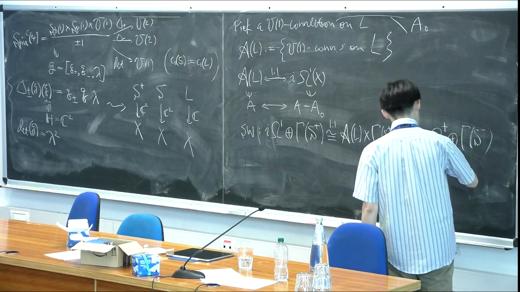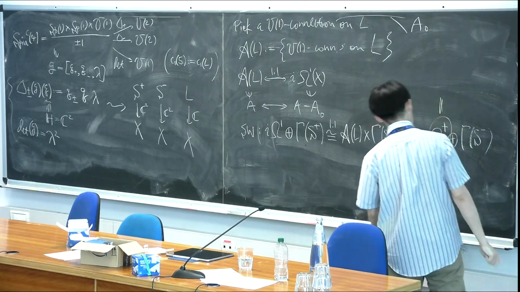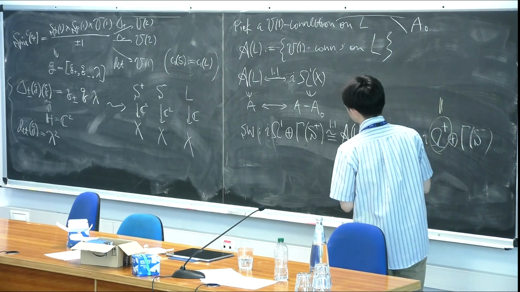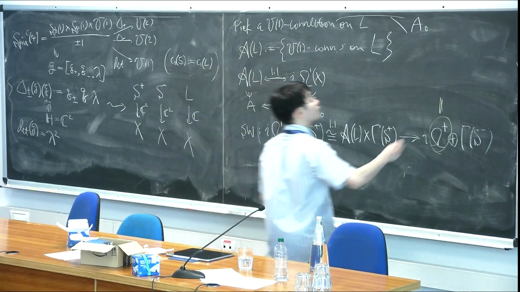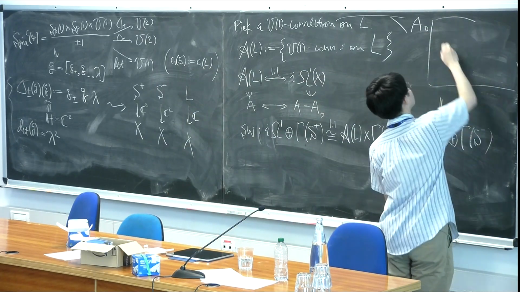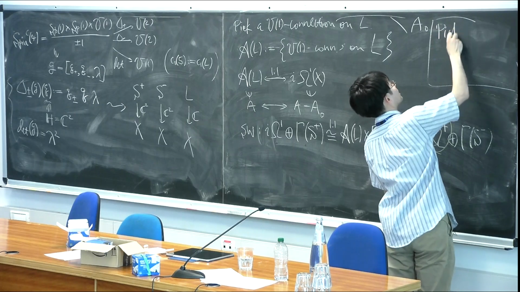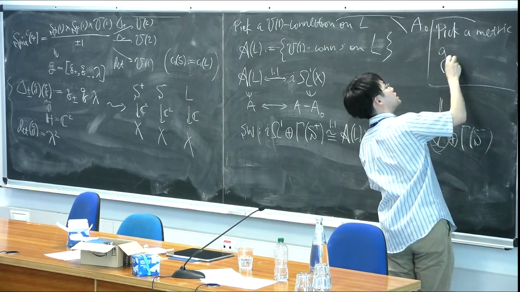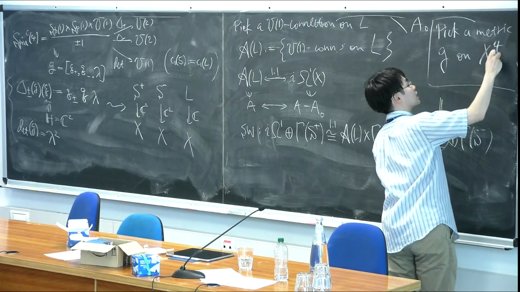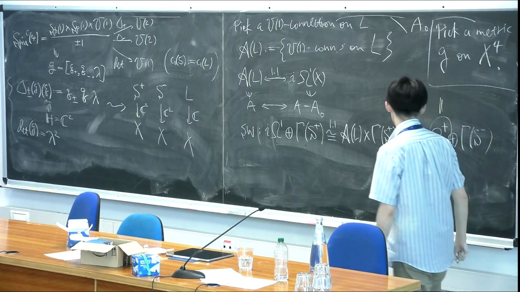And here, this new guy, omega plus, depends on, sorry, I haven't clarified, let me pick a Riemannian metric at the very beginning. Pick a metric G on your manifold. This is necessary to write down the equation.